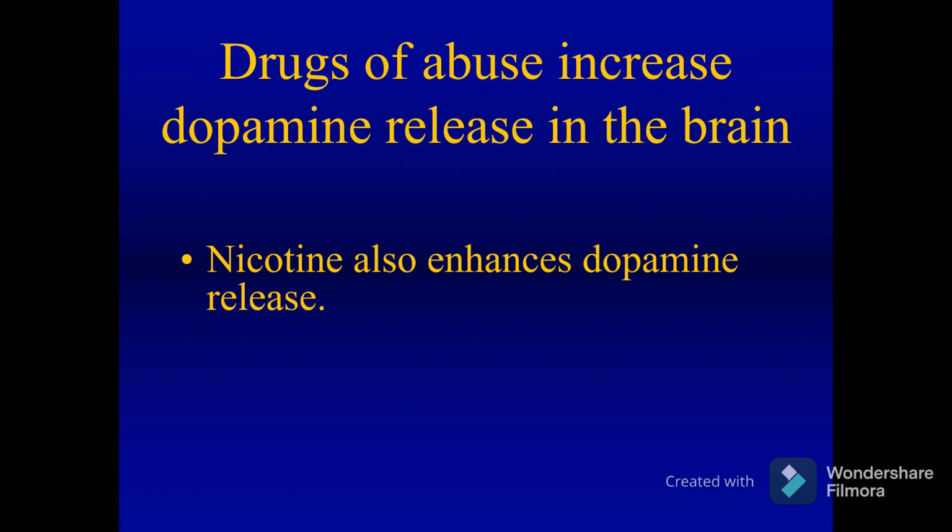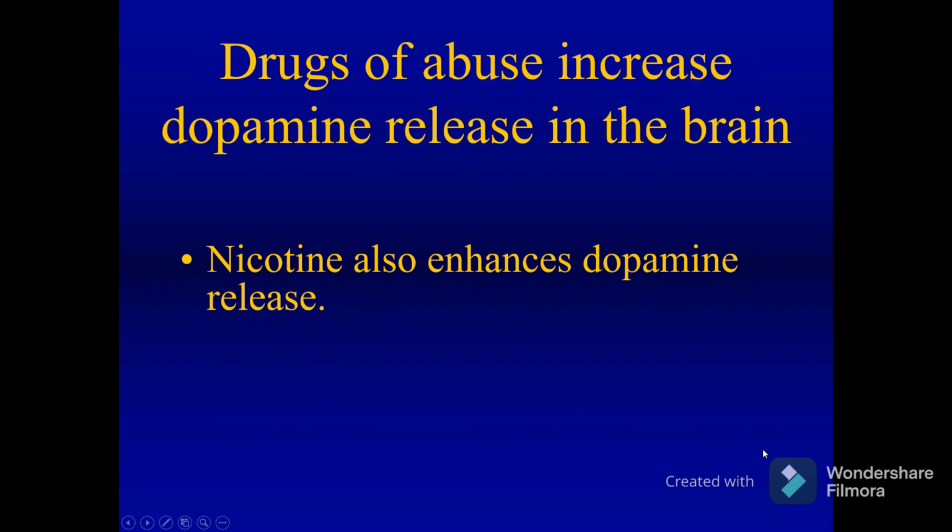Nicotine. You have noticed that so many people consume nicotine, they use cigarettes. This also increases the dopamine. So why are they using cigarettes and nicotine? Because the dopamine concentration increases in their brain and they feel happy, some kind of euphoria.